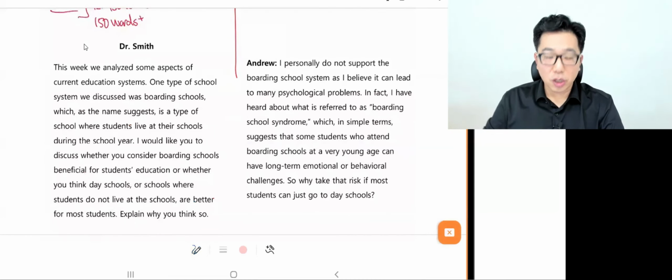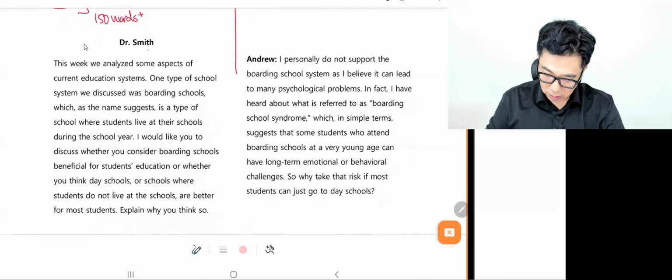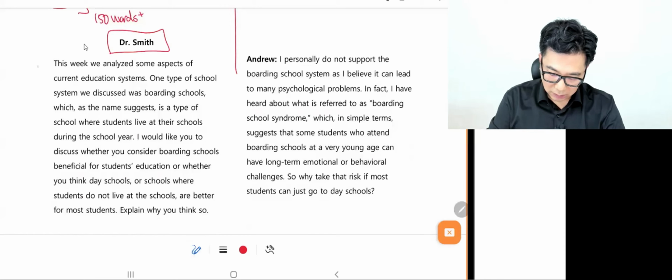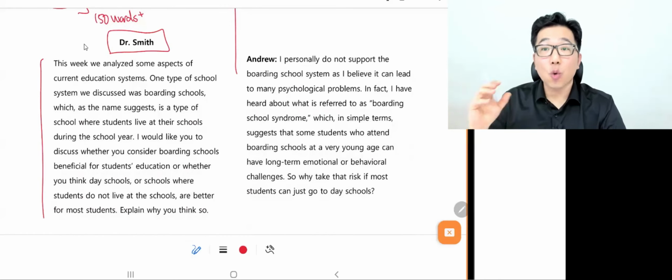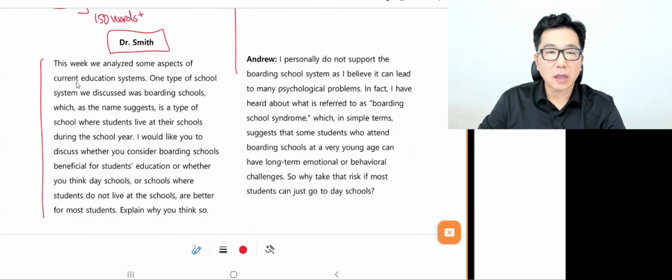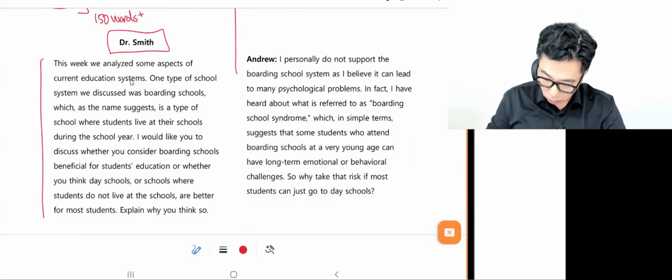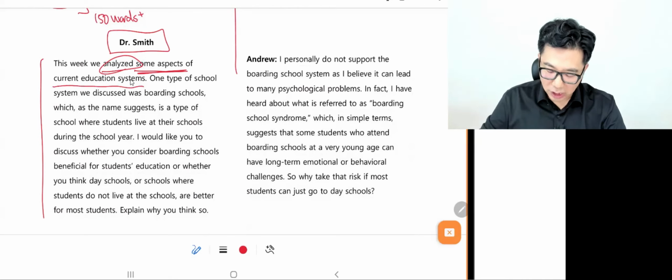And for every question, there will be a professor giving us a background and the actual question we have to answer. This week, we analyzed an aspect of the current education system. All right, so we've been analyzing, studying different aspects, perspectives, values of the education system.